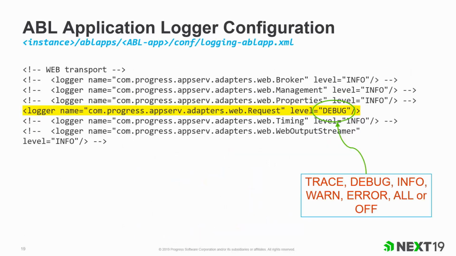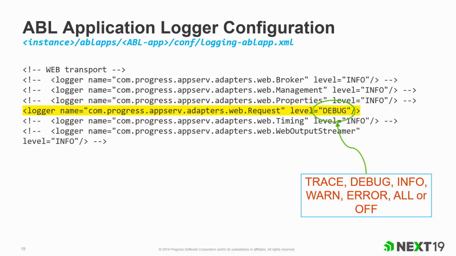And then I mentioned that logging-abl app. This is kind of what that looks like. I've cut out just one section, the web transport section. What we've tried to do is as we add named loggers, we list all of those named loggers in this file, in logging-abl app.xml.